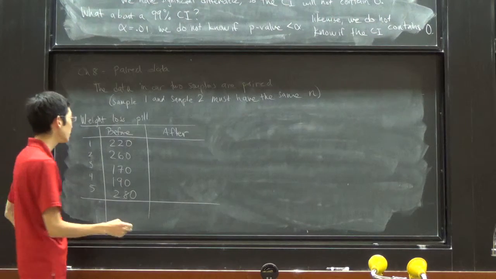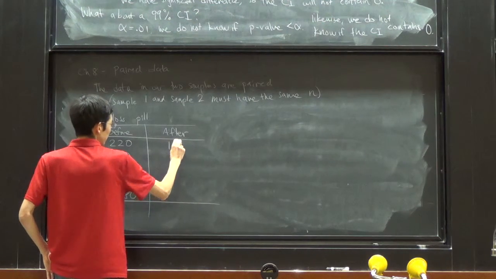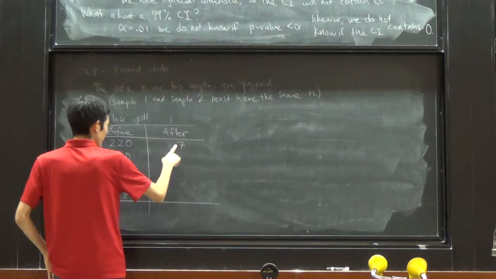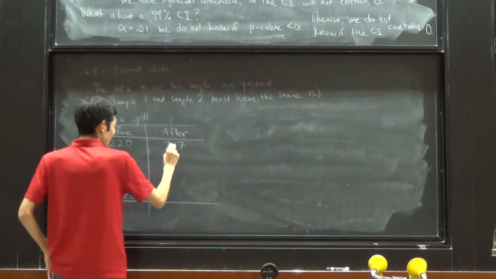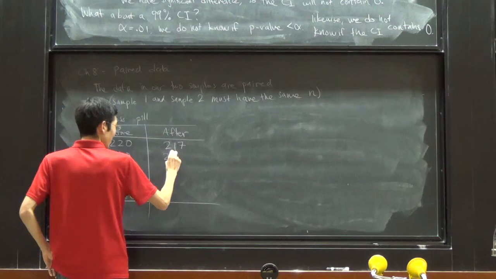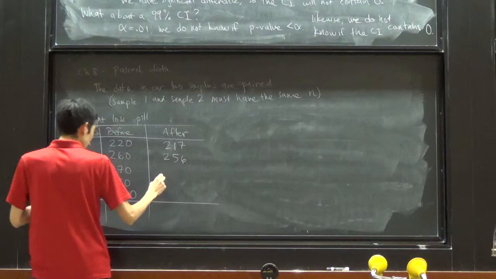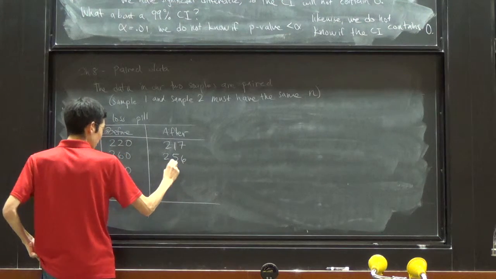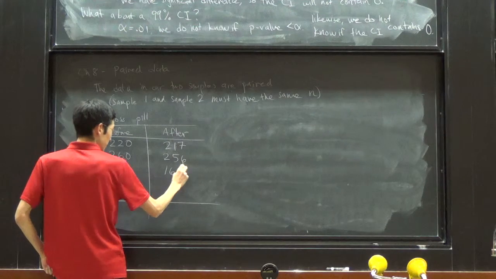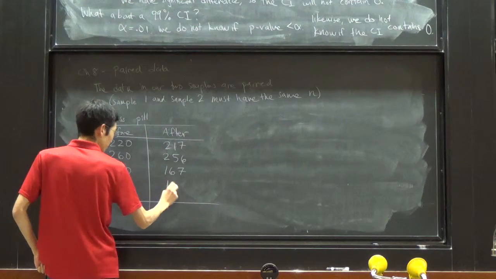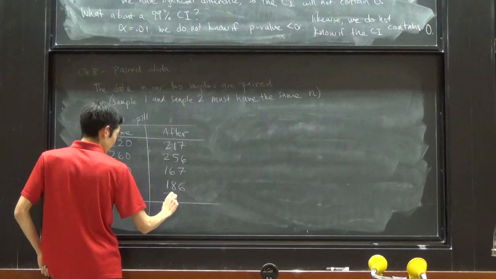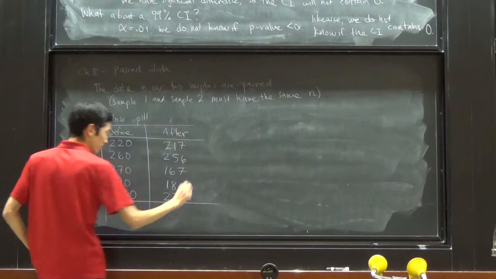And after, this person weighs 217, 256, 160, 167, 186, and 277.